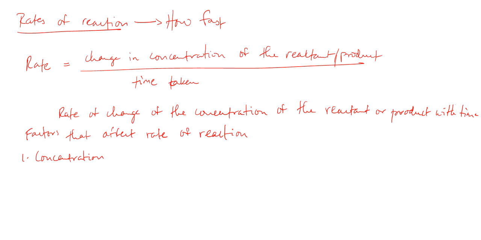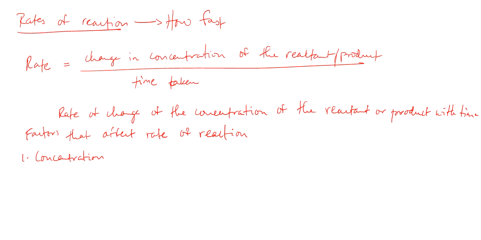Now let's talk about concentration one time. They may ask you to state the factors that affect the rate of reaction. So you need to give the list of factors and you need to explain why that factor increases the rate of a reaction.